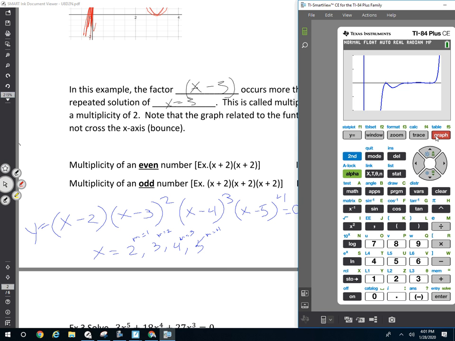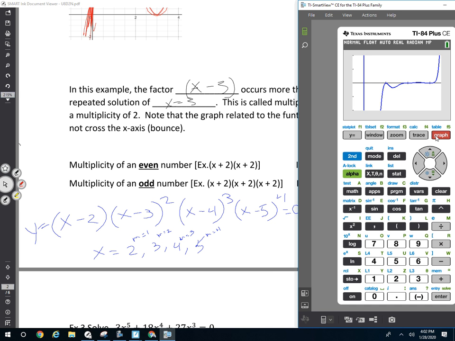What happens at x equals 2? We go straight through. What happens at x equals 3? It bounces off.